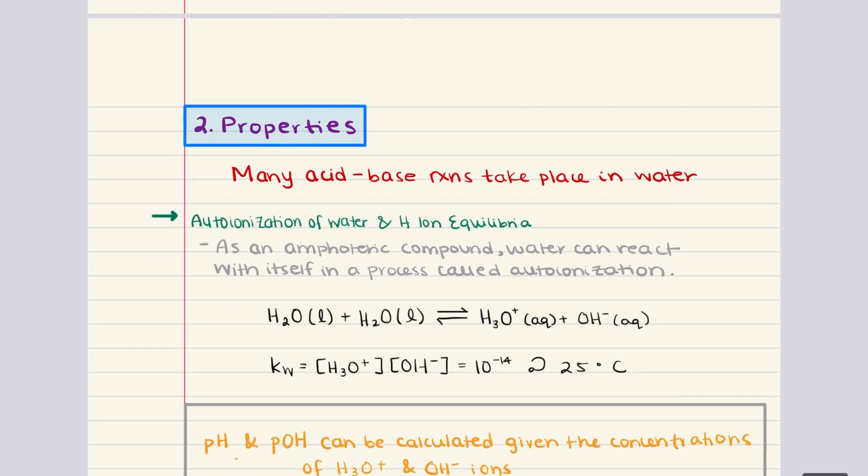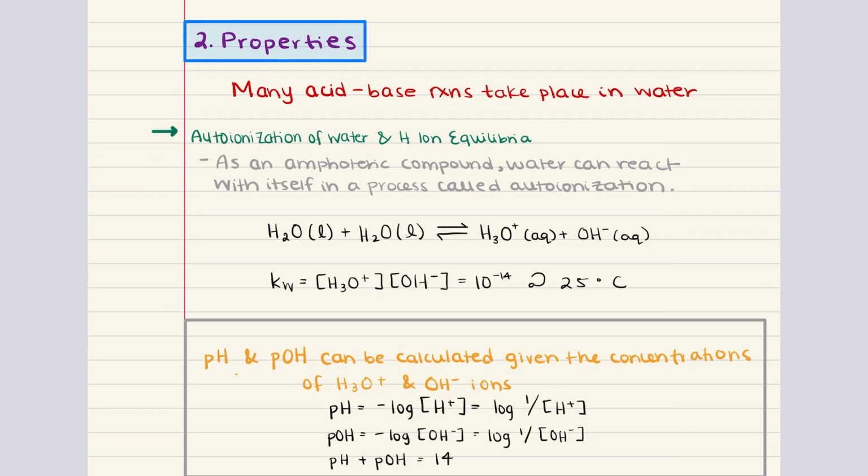Here we're going to cover properties of acids and bases. Acids and bases are usually characterized according to their relative tendencies to either donate or accept hydrogen ions. Furthermore, aqueous acid and base solutions can be characterized according to their concentrations of hydrogen and hydroxide ions.